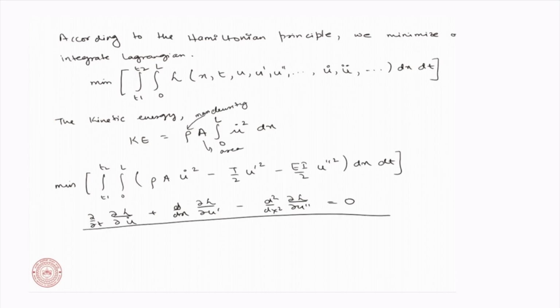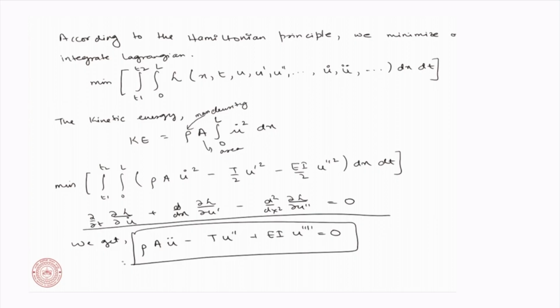If we do this to our equation, we will get rho into A into u double dot, minus our tension into u double prime, plus our E I into u fourth derivative equals 0. And this is our constitutive relation for our beam. So, this is our beam model.